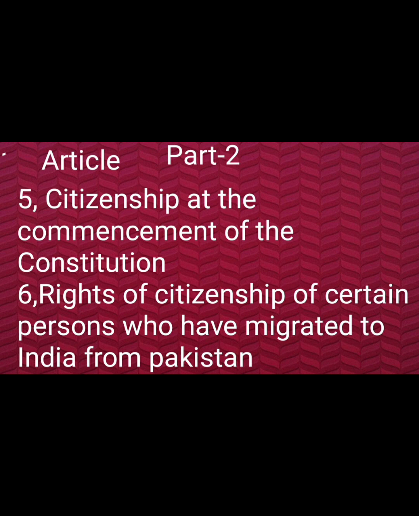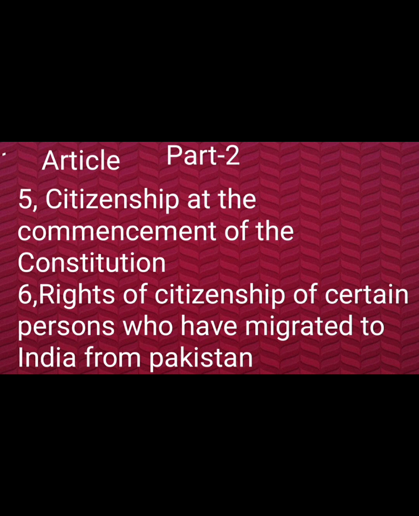B. 1. In the case where such person has so migrated before the 19th day of July, 1948, he has been ordinarily resident in the territory of India since the date of his migration, or 2.